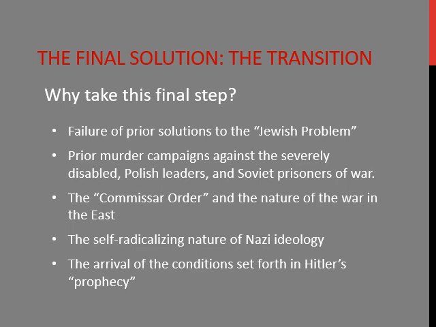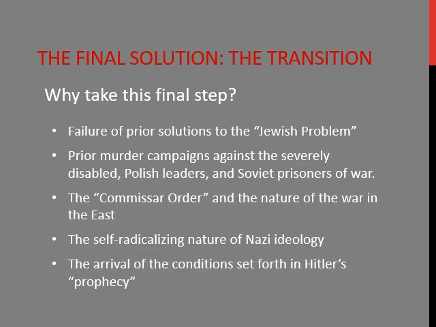In fact, the initial expansion of Auschwitz, when it was being rapidly expanded to hold 100,000, the Germans originally thought that that was going to be mostly Soviet prisoners of war, but before they managed to finish expanding the camp, the war in the East had begun to change, and they weren't taking the number of prisoners that they had. Now we're going to look at this next bullet point a little bit more.